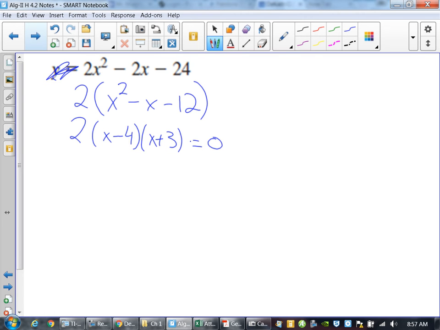When you're solving for zeros and it says equals 0, does this GCF have any bearing on the problem? It doesn't, because you can divide both sides by 2 and it just goes away. So if it asks you to find the zeros, your answers would be 4 and negative 3. If it asks you to factor it, this would be your factor. Does that make sense? It's very subtle in the differences.